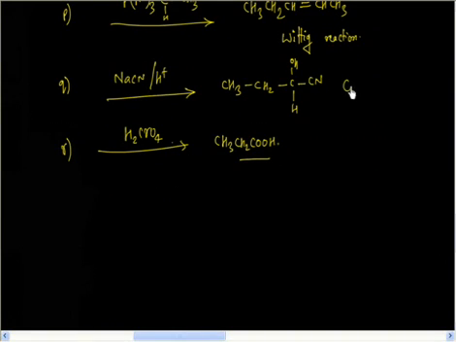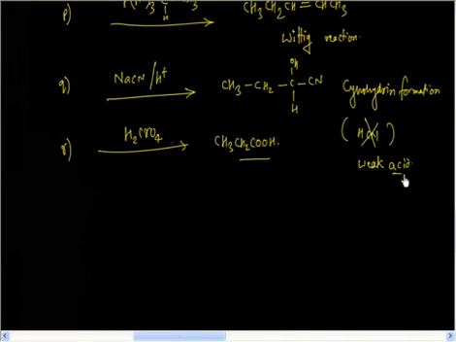Cyanohydrin formation is not done in the presence of HCN because this is a weak acid. So in case of weak acid, I cannot have CN minus in high concentration. H2CrO4 is acting as an oxidizing agent, so it oxidizes aldehyde to acid.